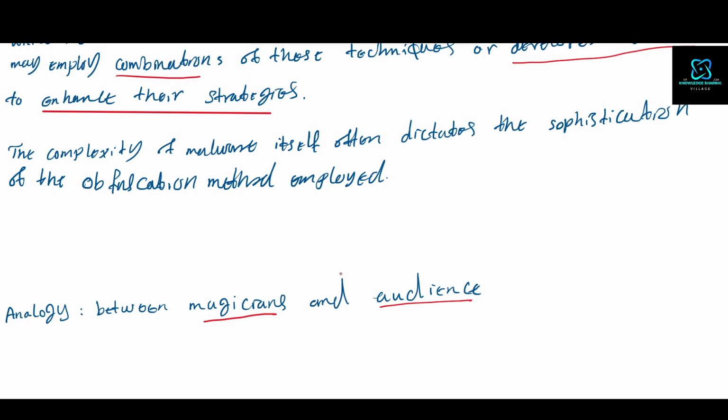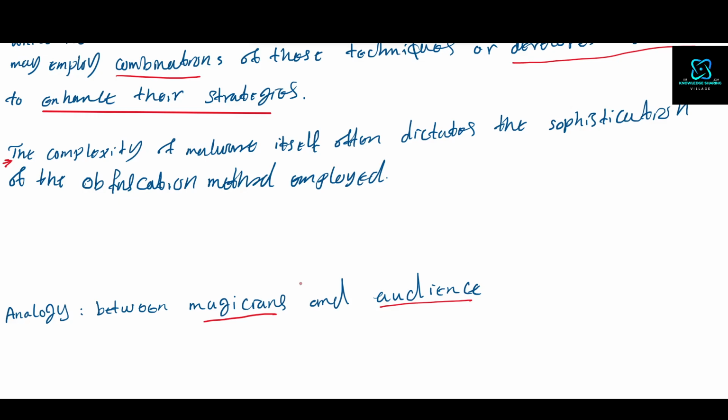Just as a magician can combine tricks or invent new ones to stay ahead of their audience, malware creators can mix and match variants of obfuscation methods or develop entirely new strategies to outsmart security systems. The complexity, and here we come to the last factor in our analogy, the complexity of the tricks, or in our case malware, often determines the sophistication of the methods used.